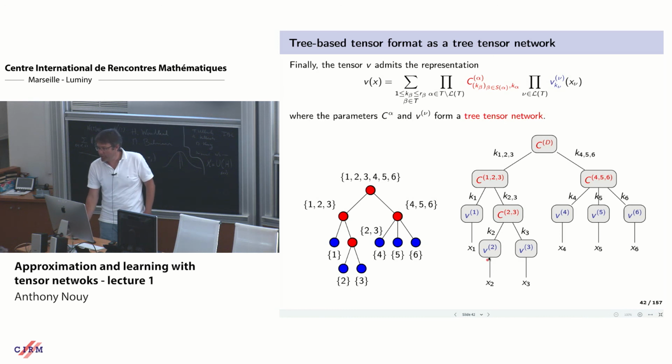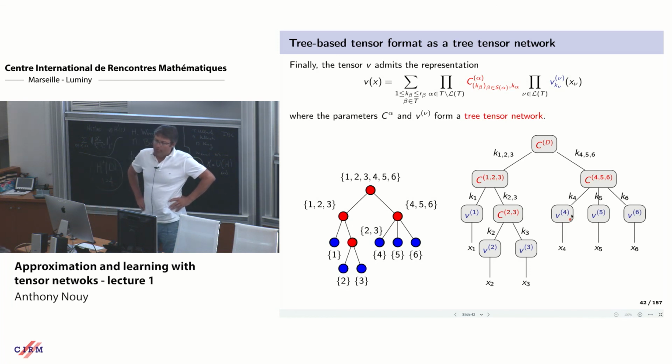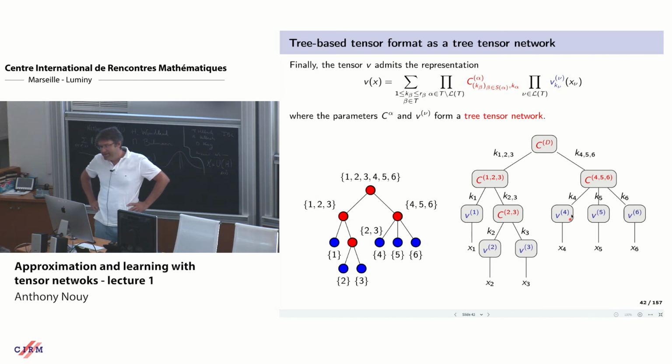In tensor diagram notation, you have a collection of tensors that are usually called the core tensors of the representation in hierarchical format. And here you have at the very end V1, V2, and so on that represent bases of the minimal subspaces associated with 1, 2, 3, and so on.